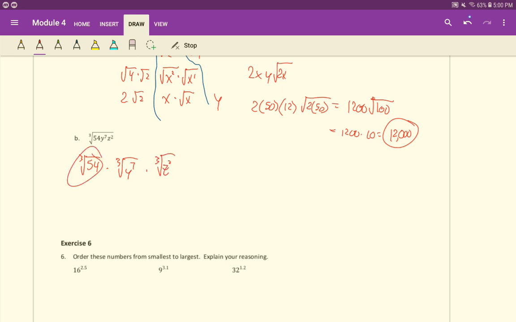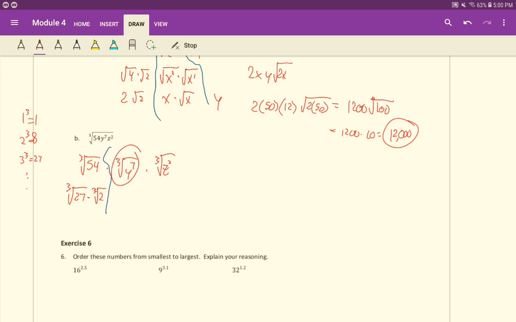For the cube root of 54, we're looking for a perfect cube that divides 54. So, for example, what are perfect cubes? Well, 1 cubed is 1, 2 cubed is 8, 3 cubed is 27, and so on and so forth. 54 divides evenly by 27. So you can make it cube root of 27 times the cube root of 2.